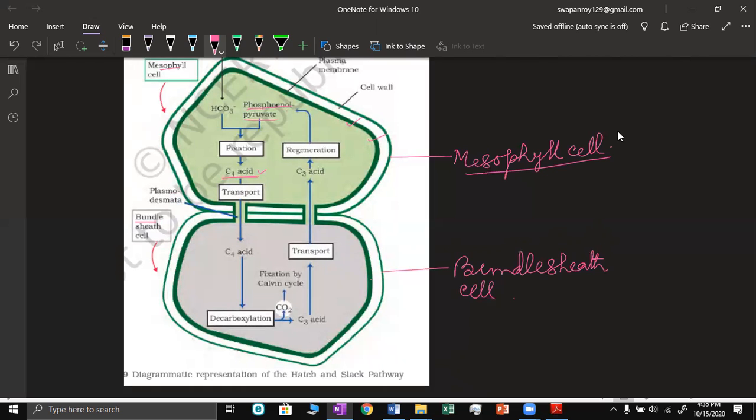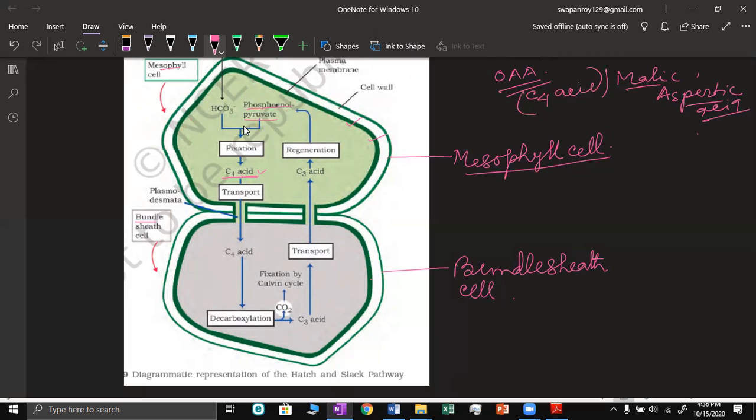What is that C4 acid? I told malic acid. Oh, first one is oxaloacetic acid, malic acid, or aspartic acid also is produced. So all are C4 acid. These are C4 acid. Okay.